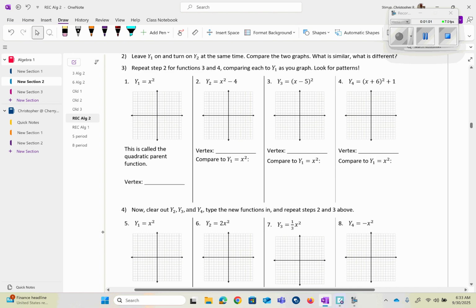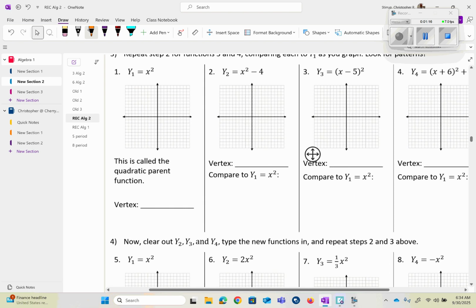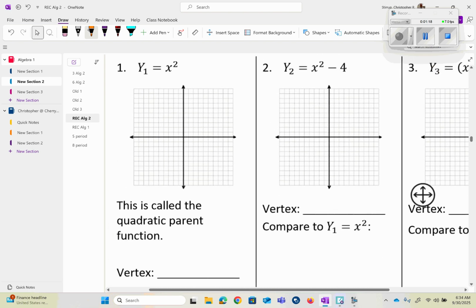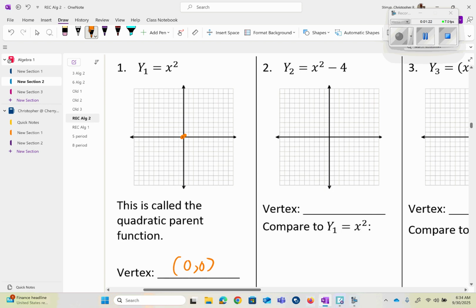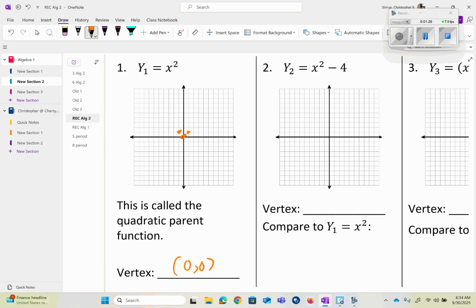So as I said, this is called the parent function. The first one, x squared, you have a vertex right here at 0, 0. And you're going to go right 1 up 1, left 1 up 1, right 1 up 3, left 1 up 3, so on and so forth.